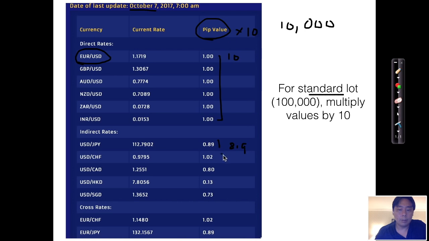And this would be $10.20, right? Just multiply by 10. You understand? Euro franc, this would be $10.20. This will be $8.90. So you can see that for most of the currency pairs, it is straight up $10. All right. So in other words, every 1 pip movement is $10 per lot that you buy. That's what it means. All right.